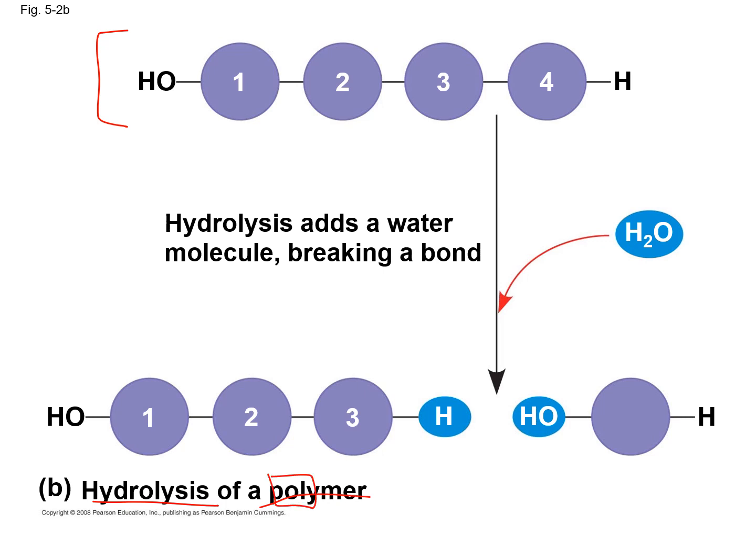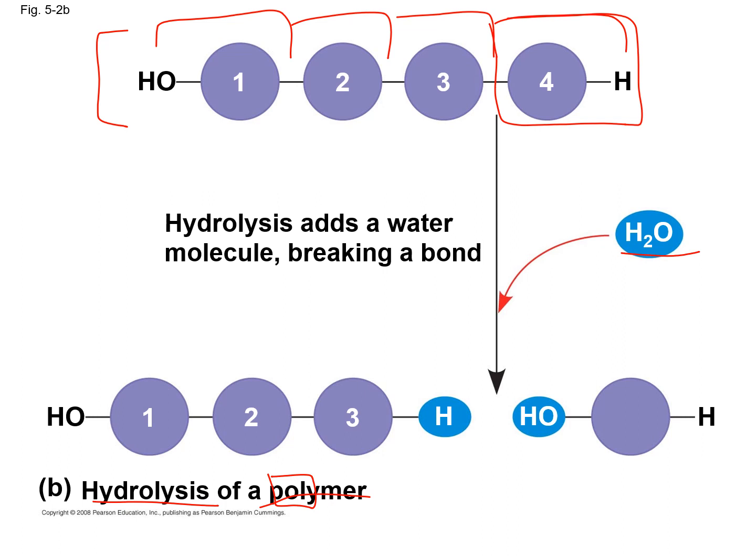A polymer is a large molecule made of similar subunits covalently bonded together. So in a hydrolysis reaction, one of these subunits is going to be broken off. This is a catabolic reaction where you're taking something large and breaking it into smaller subunits. Now this involves a molecule of water splitting.